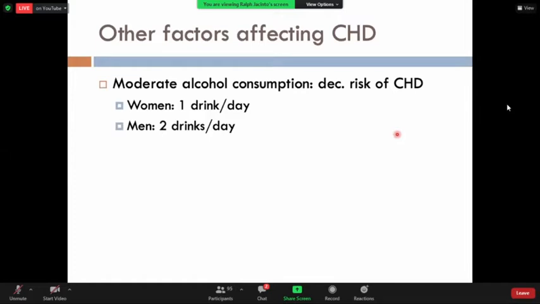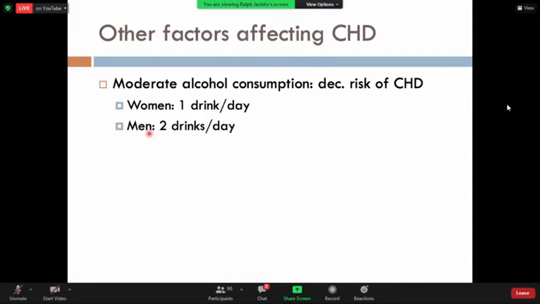And what do we mean by in moderation? So the recommendation is for women, it should be one drink per day, and for men, two drinks per day. Now, when we talk of drinks here, if it's wine, one drink is equivalent to one wine glass, about 200 ml.